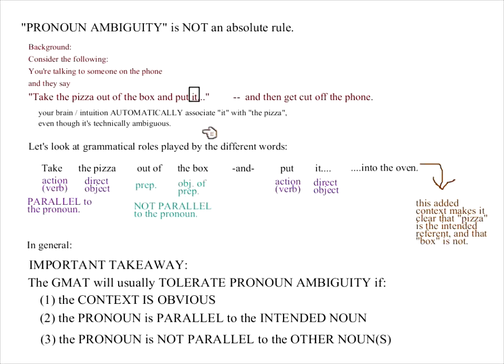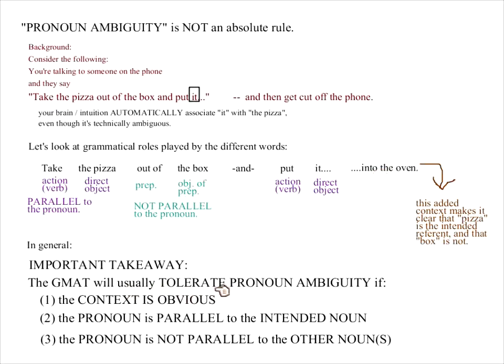So this sentence, once we have this here, notice that you automatically, viscerally made this association even without this context. But if you also have a context that clarifies what's happening in this problem, then it will always work to the benefit of the pronoun.